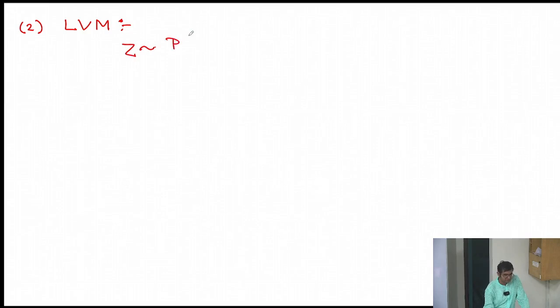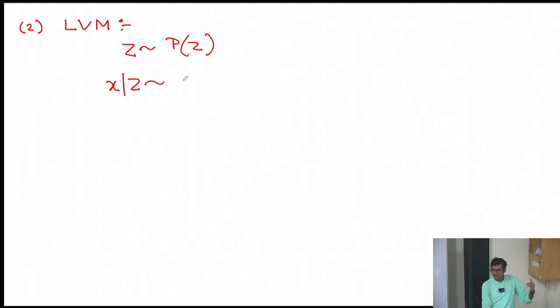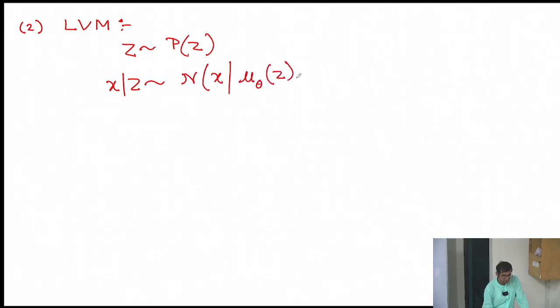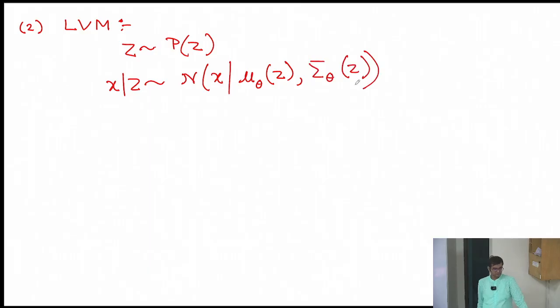It comes from some P of z, and then you have x given z, generally Gaussian, need not be Gaussian, but Gaussian is a popular choice. X given mu theta and sigma theta. This is any latent variable model, right?